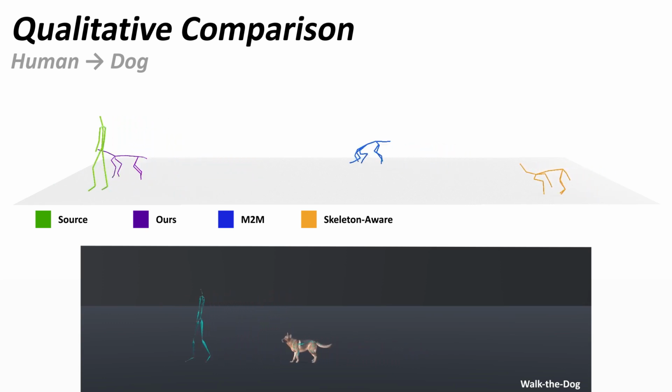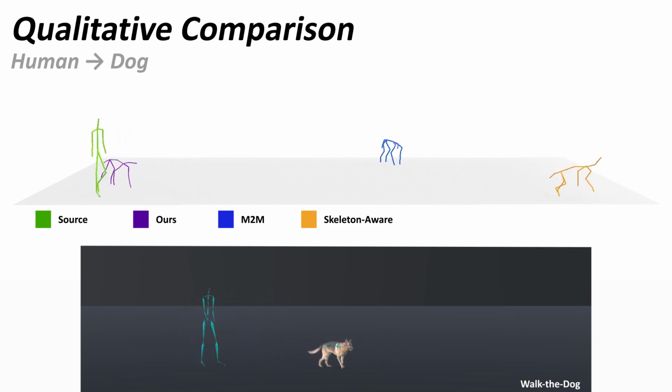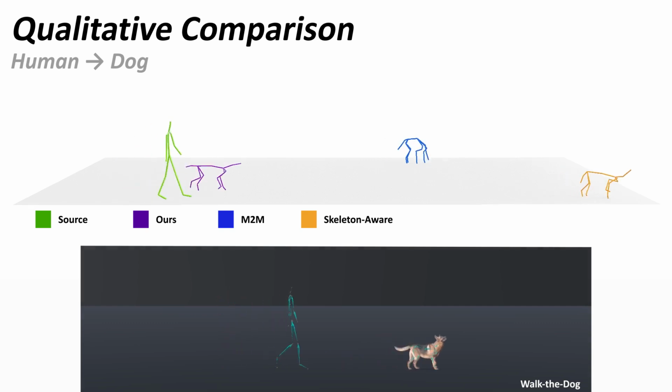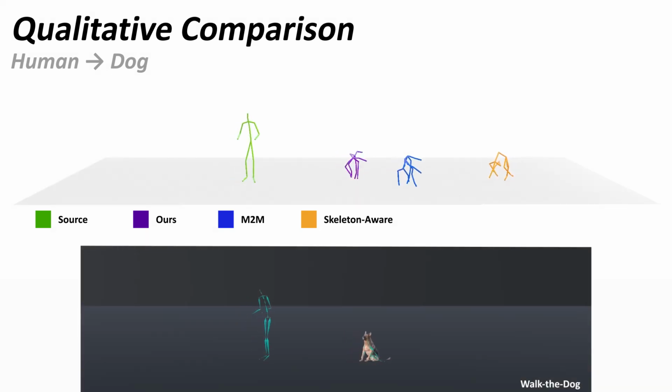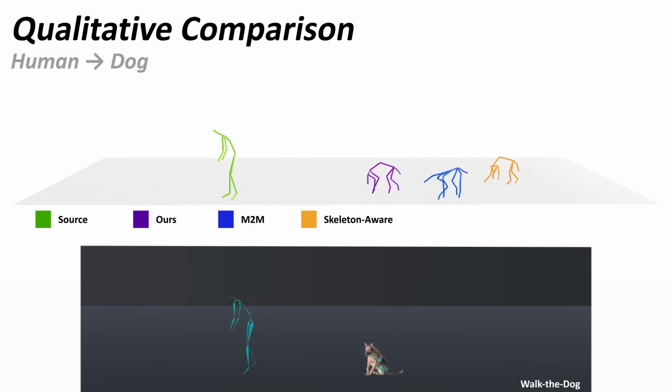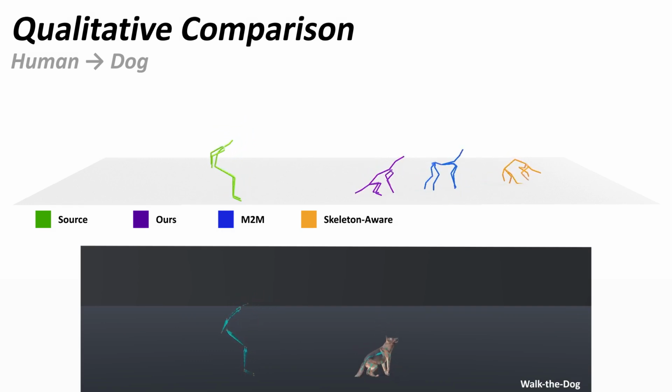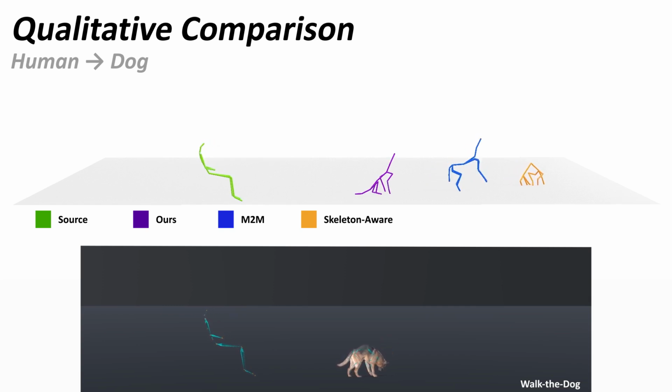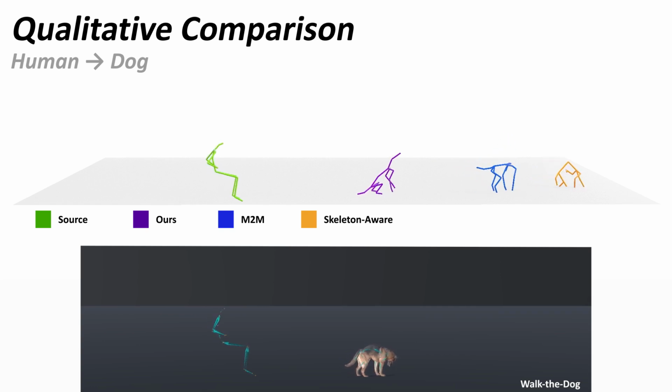Motion performance deteriorates when the database is semantically heterogeneous, often retrieving unsuitable matches. Walk the dog produces unnatural turning motions and does not consistently preserve the source semantics. In contrast, our method transfers motion across diverse morphologies while preserving both the action semantics and the target creature's natural style.